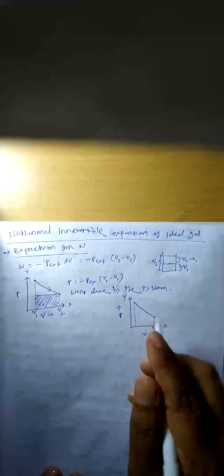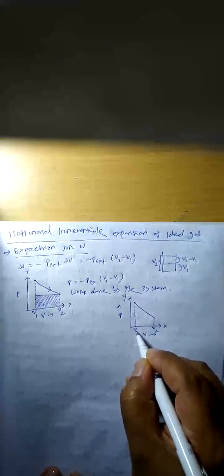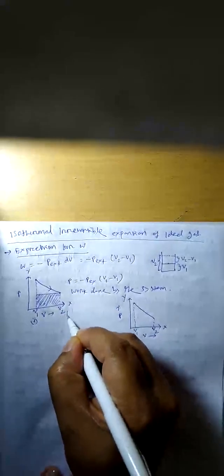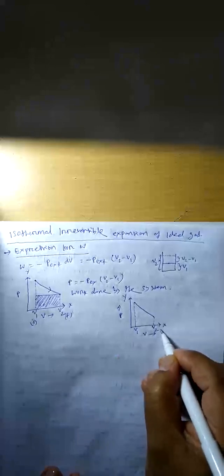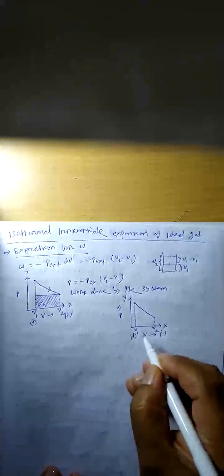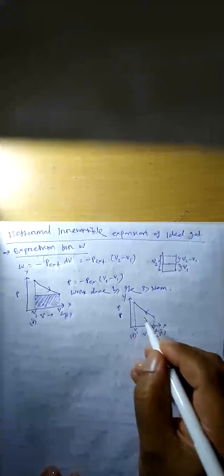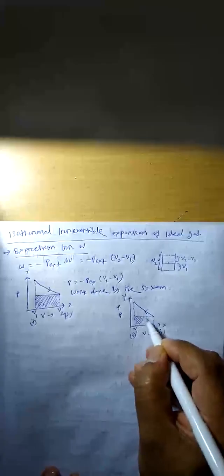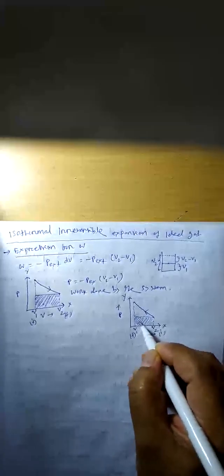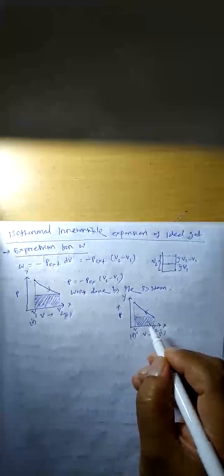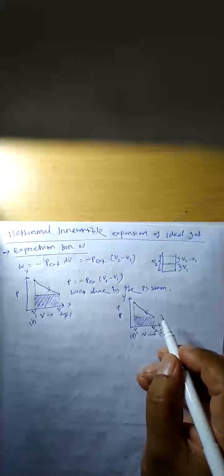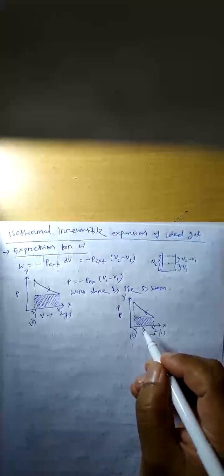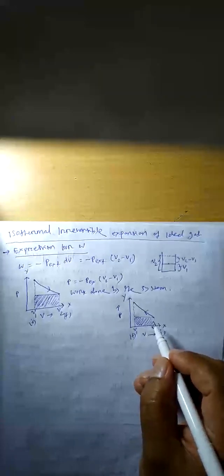From higher volume to lower volume we will come. This is the final. In case of expansion, this is initial and this is the final, but in this case, this is initial and this is final. It is compressed, the arrow is on that side. The work done is this much, less than that of the reversible process. This much amount is wasted.